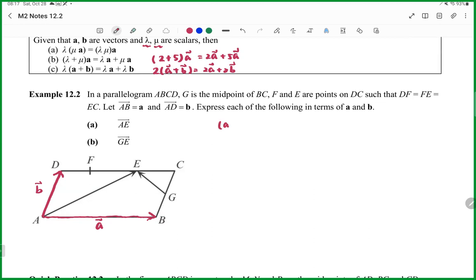First one is AE. Noticing that AE equals AD plus DE. And DE equals 2/3 of AB.